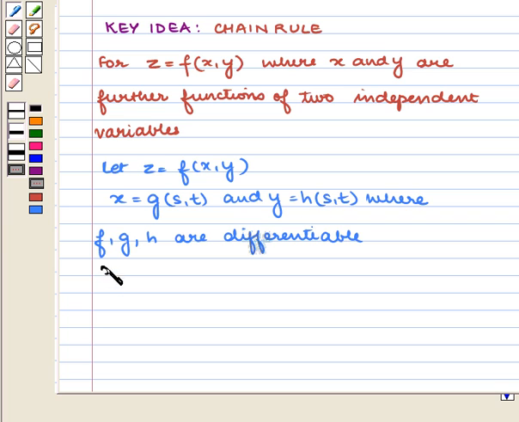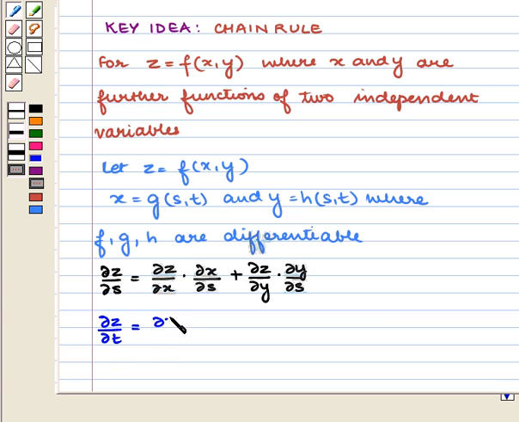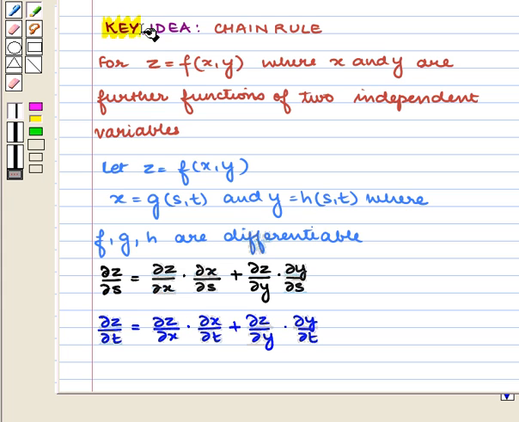Then ∂z/∂s is equal to ∂z/∂x into ∂x/∂s plus ∂z/∂y into ∂y/∂s, and ∂z/∂t is equal to ∂z/∂x into ∂x/∂t plus ∂z/∂y into ∂y/∂t. With this key idea, let us proceed with the solution.